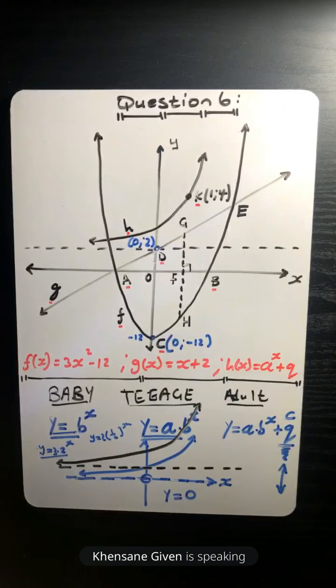So I was just saying, honorable member, this q is responsible for the horizontal asymptote. It's not responsible for the shift or anything. It's only responsible for the horizontal asymptote only.